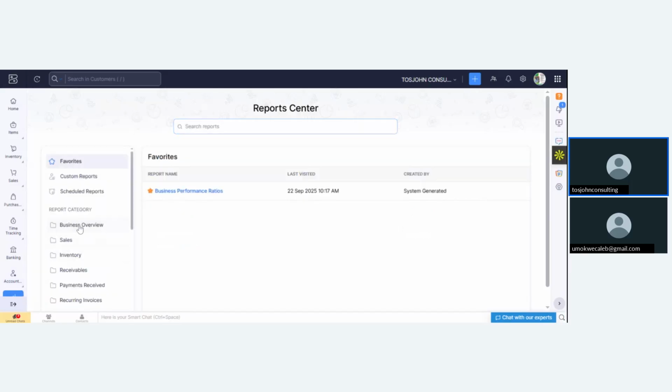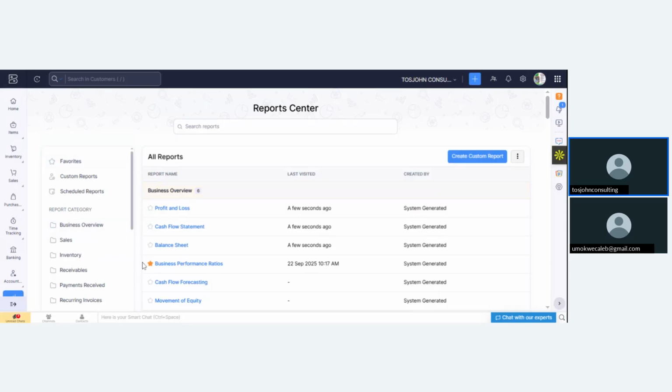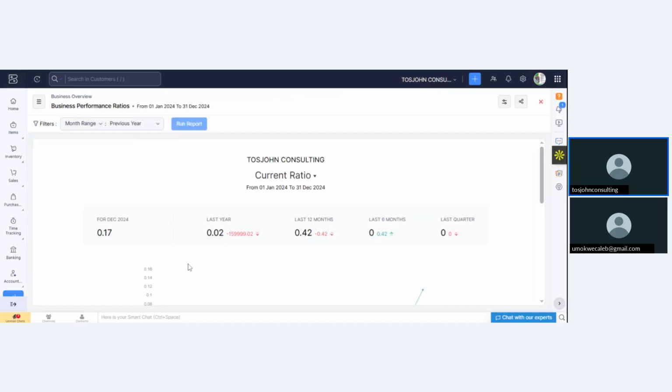Let's look at the other one here. Business performance ratio. So you can also do ratios, right, in your business. Ratio of this against this. So look at the different ratios. You can do the current ratio in your business.